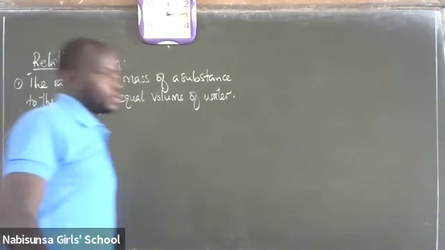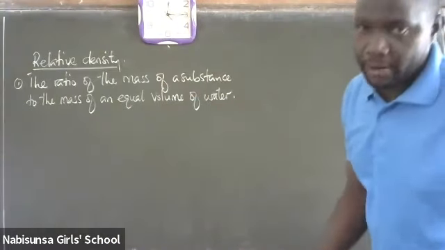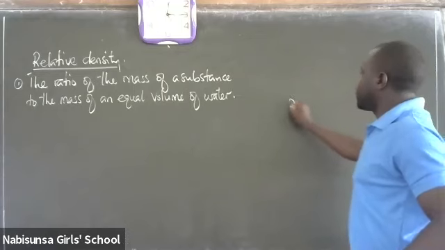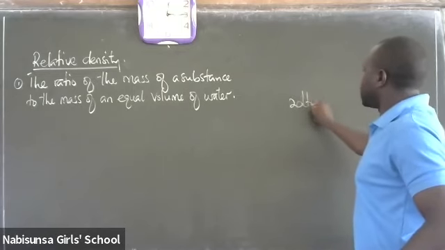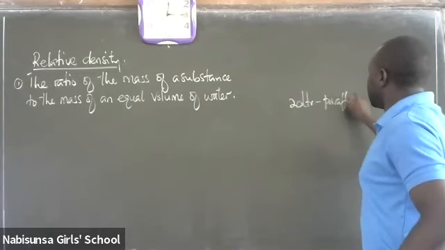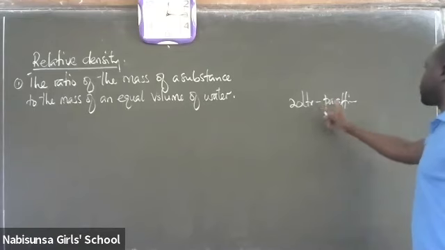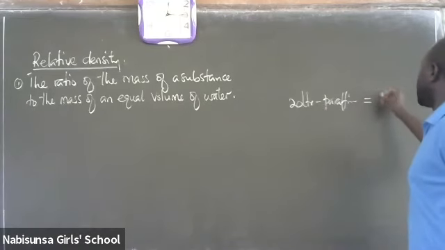That's one definition. Like I gave an example of paraffin. Like you have 20 liters of paraffin. If, for example, when we measure the mass of these 20 liters, the mass is maybe 17 or 16 kilograms.